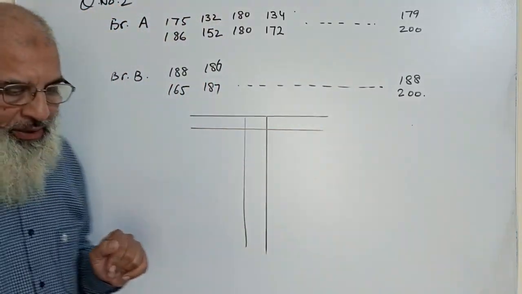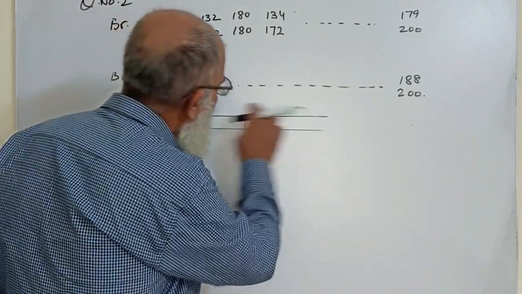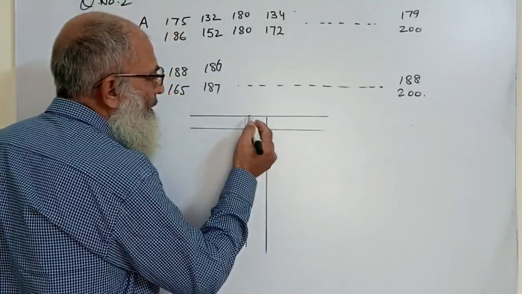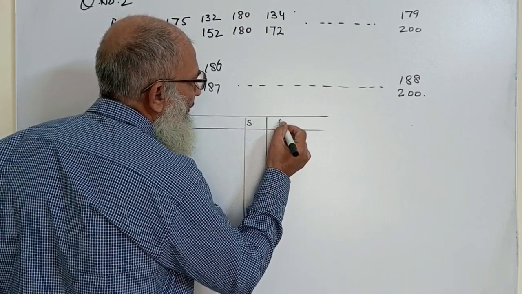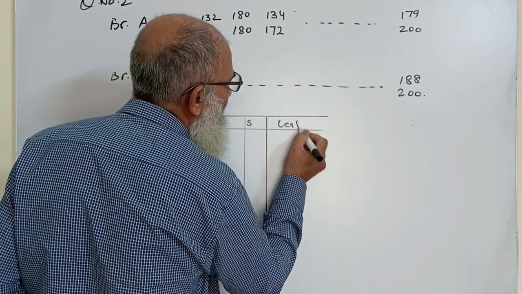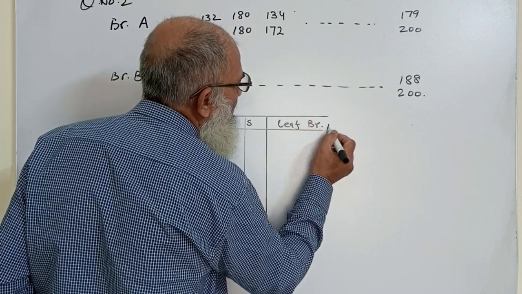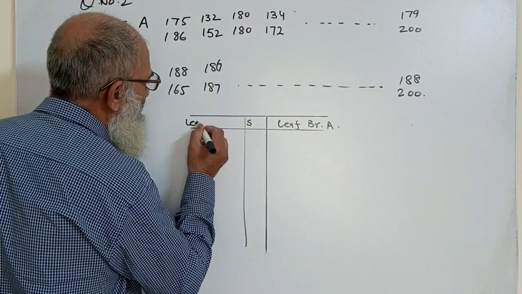Now this is your double table. One side and the second side. Now you will write stem over here, and leaf brand A over here, and leaf brand B over here.